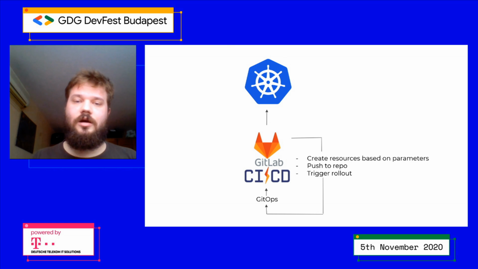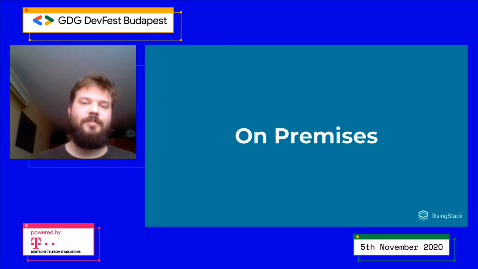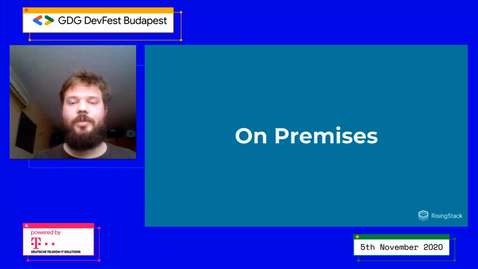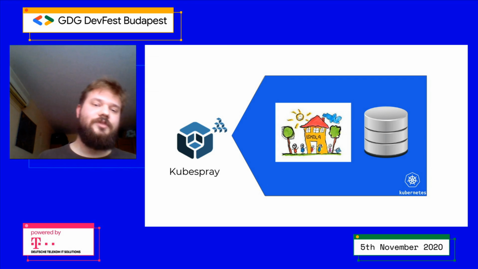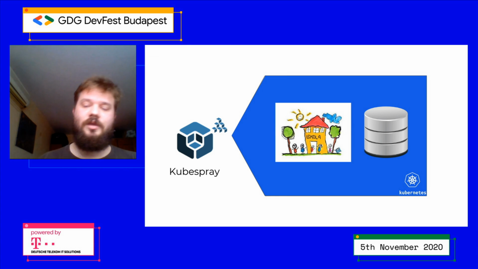So we were almost good to go, but there was still one problem: on premises. Now we managed to turn our hosting providers into some kind of public cloud, or something we can think of as public clouds, but if you think about it, it's not only countries that want to educate their people, but also companies want to educate their employees.